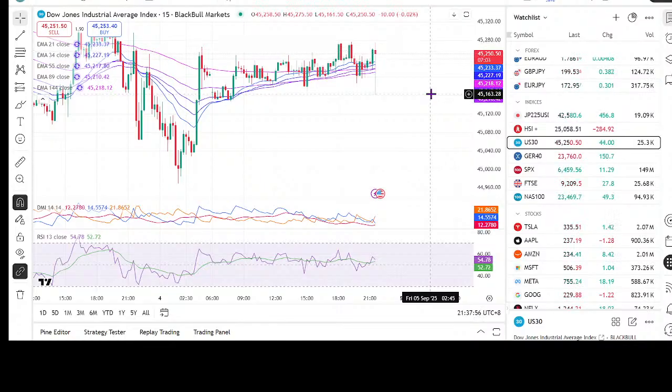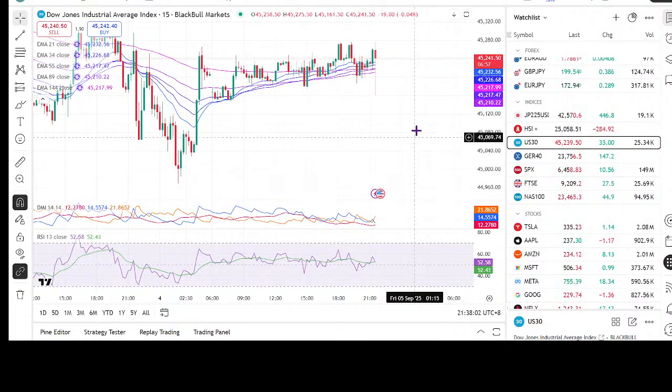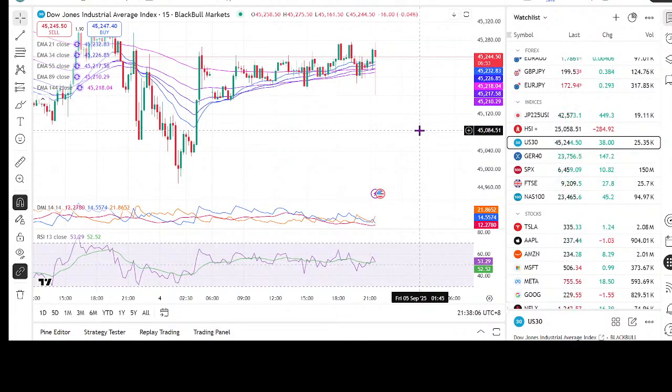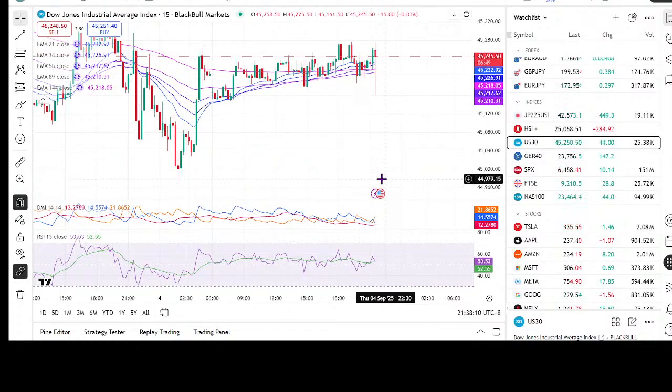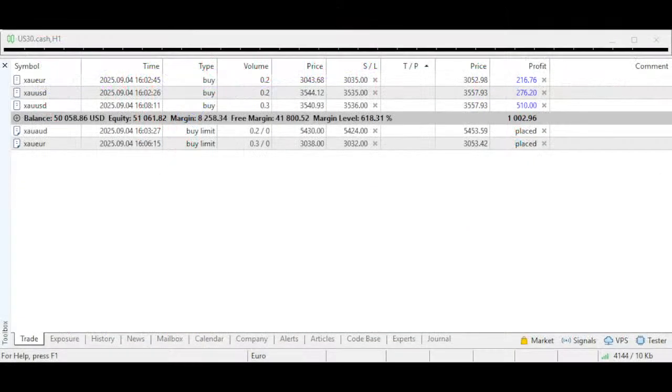What we can do is go for a half lot buy at market with the stop below 45,075. Then we'll go for another trade also. Let's put in this trade first, then move on to the next.